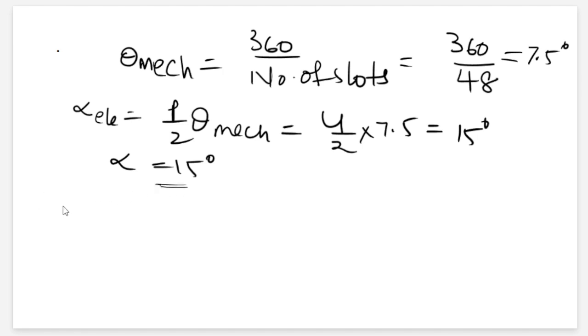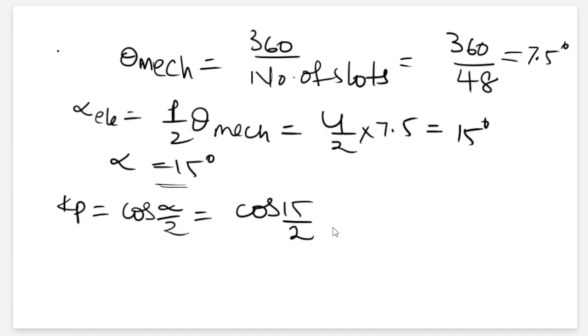Substituting the alpha value in the Kp formula, we get Kp is equal to cos(15 degrees by 2), that is cos 7.5 degrees, which is equal to 0.999.